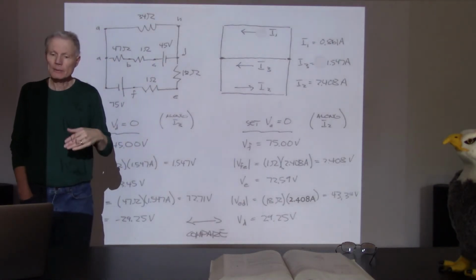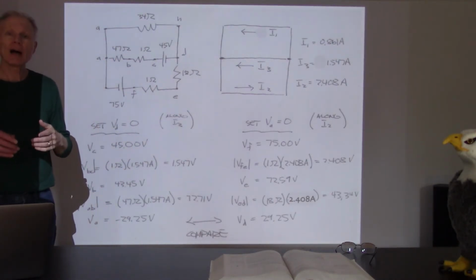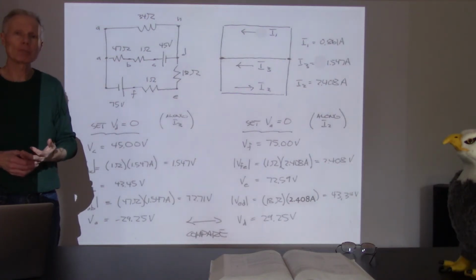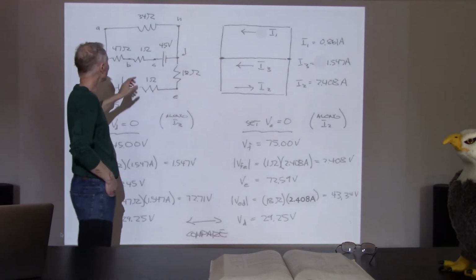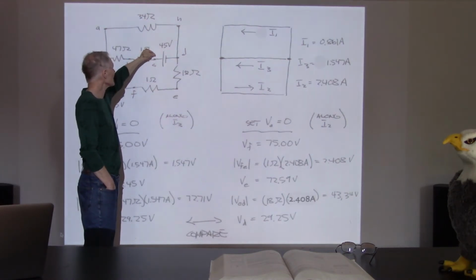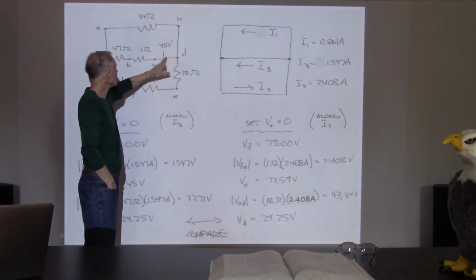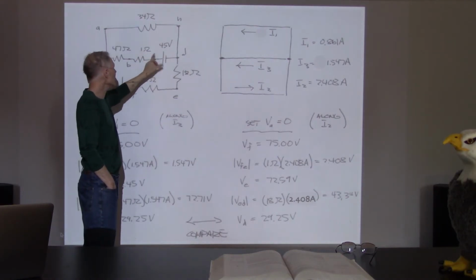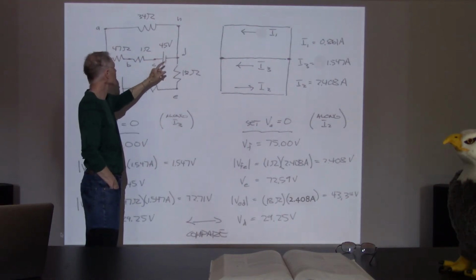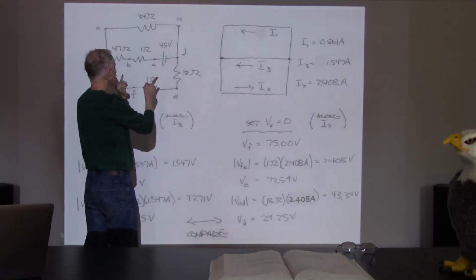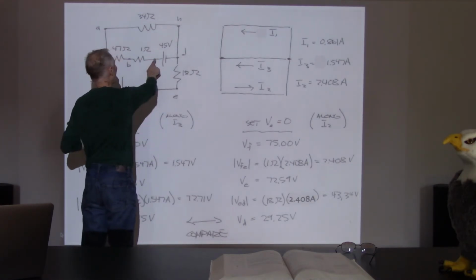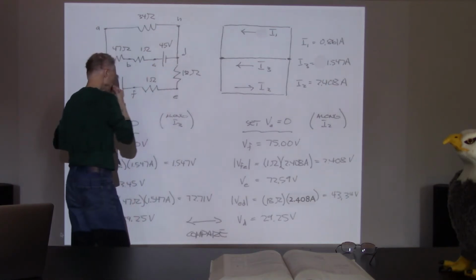The batteries just tell us how much the voltage will increase from one terminal to the other, and it's going to be higher by definition at the positive plate. So this is 0 and this is 45. The key thing is that there's a 45 volt difference, with this at the higher voltage and this at the lower voltage.